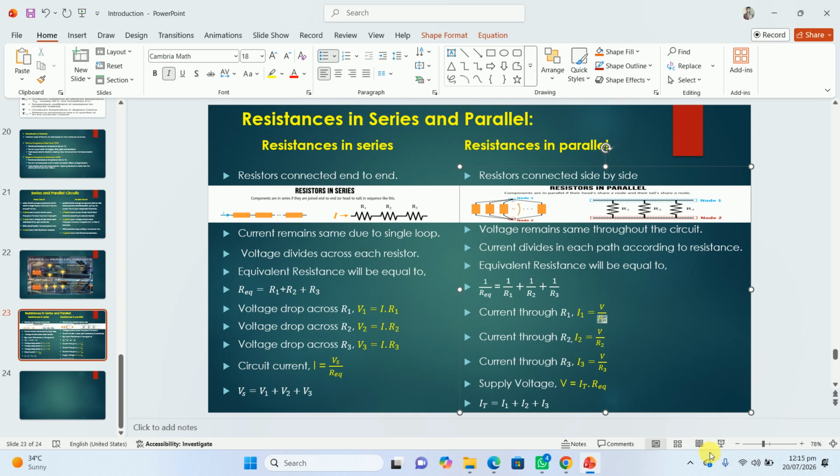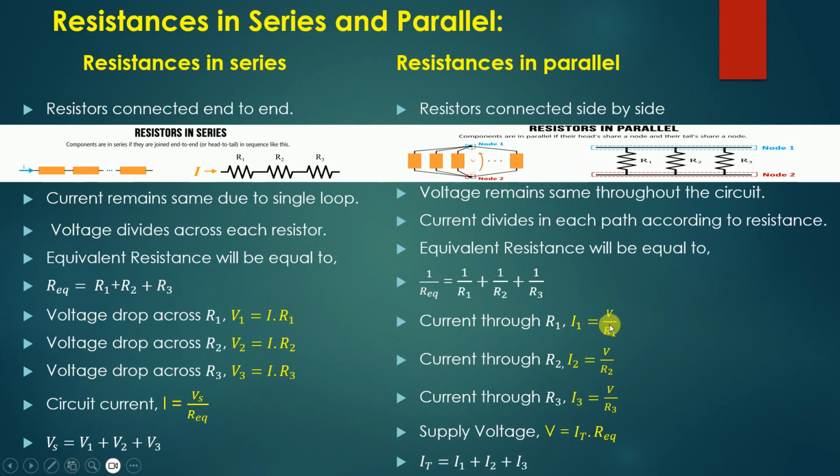Now it's okay. So the current through resistor R1 will be I1 is equal to V over R1.